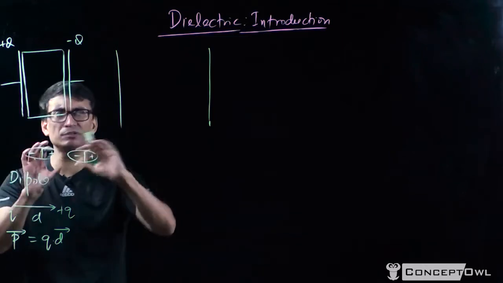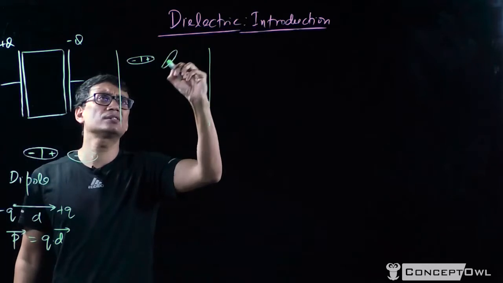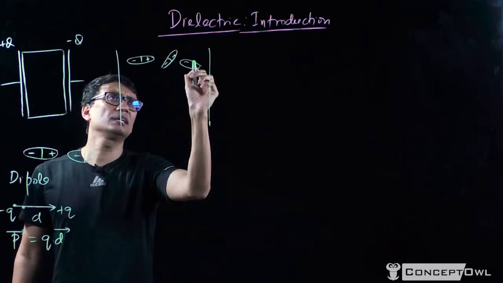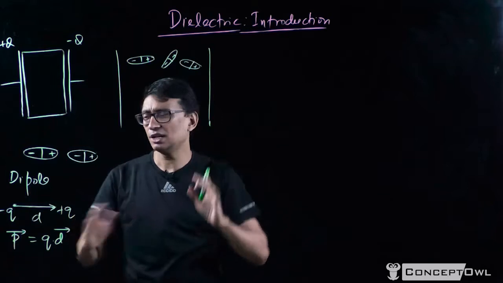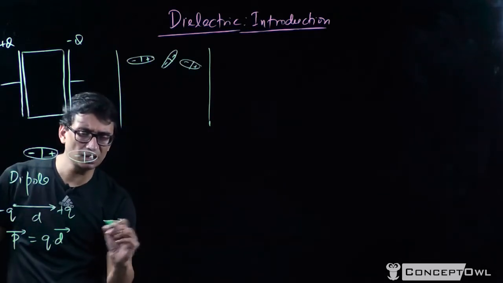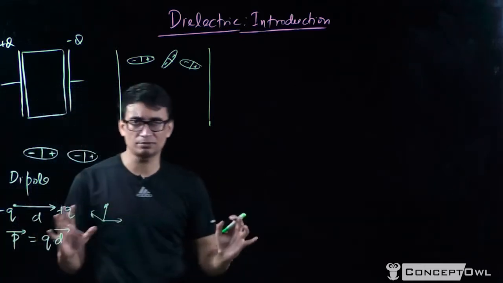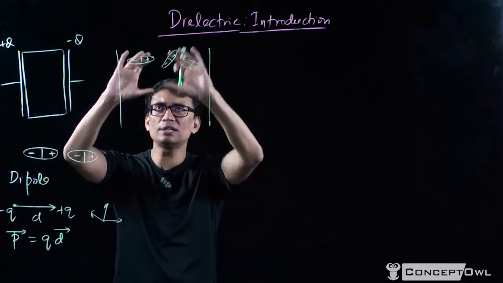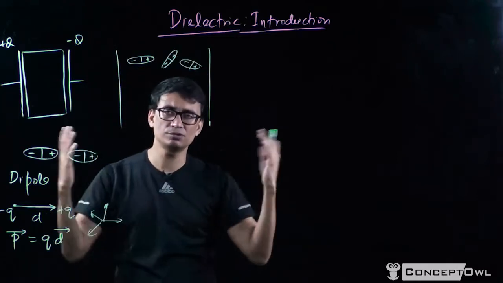One molecule is like this, another is like this, and so on. They would have all kinds of orientations, and on average they'll all cancel out. If you think about the dipole moment vectors, one is like this, another is like this, another is like this, all in different directions, so they'll basically cancel out. So overall, if I take any volume and look at the total dipole moment, if I added all of them, because they're in random directions, they'll add up to 0.